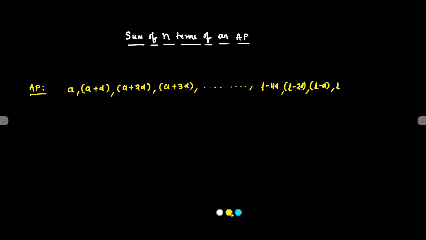By mistake I had written 4d, it's 3d, l minus 3d, and so on. Okay, this is the arithmetic progression.